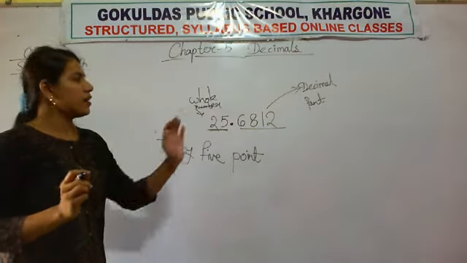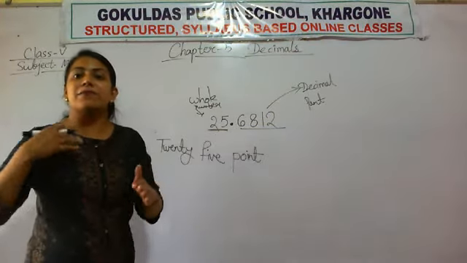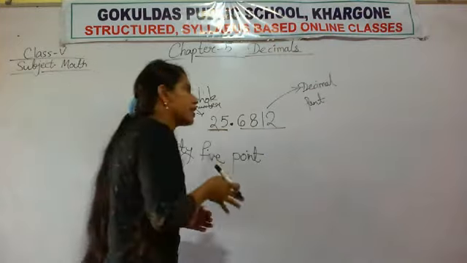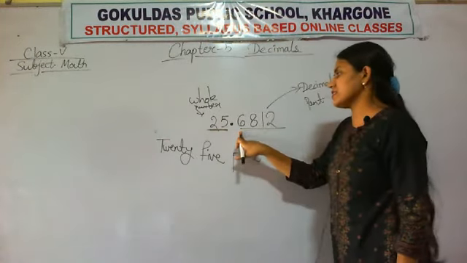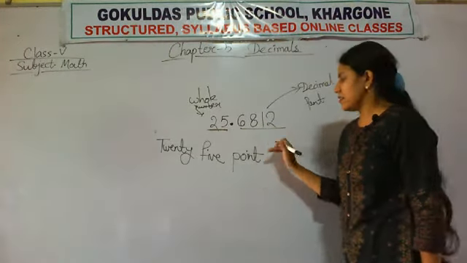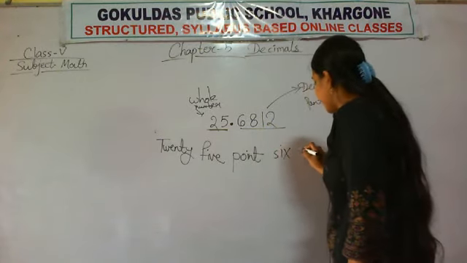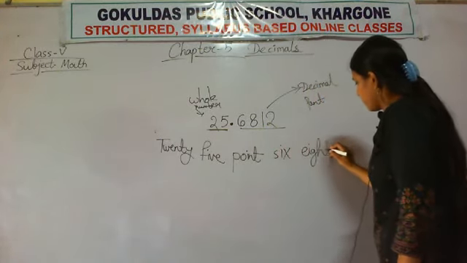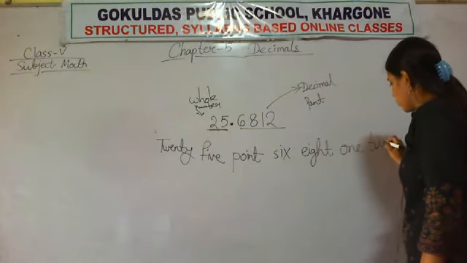Now as I told, the decimal part we read separately. Means I will read this 6, 8, 1, 2 separately, like 6, 8, 1, 2.